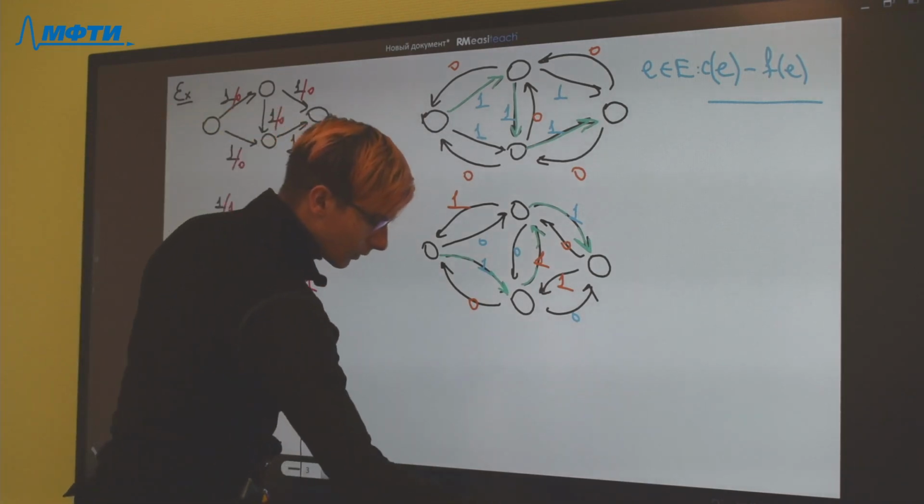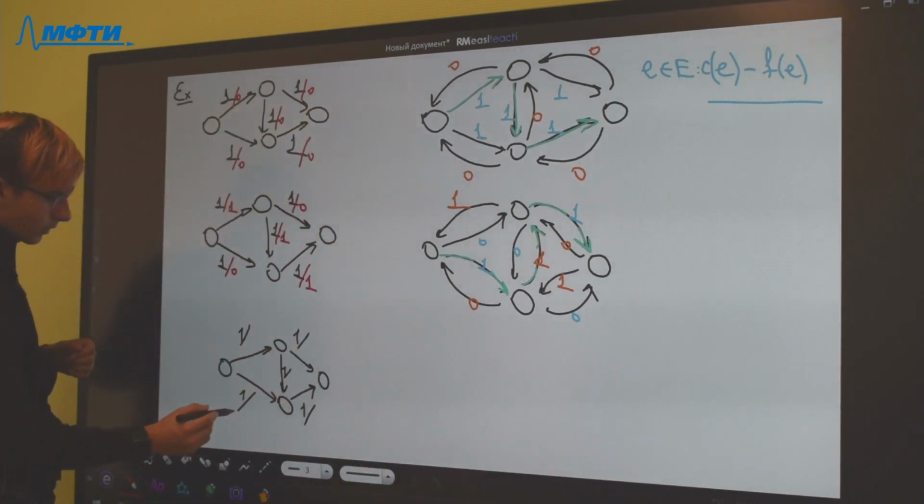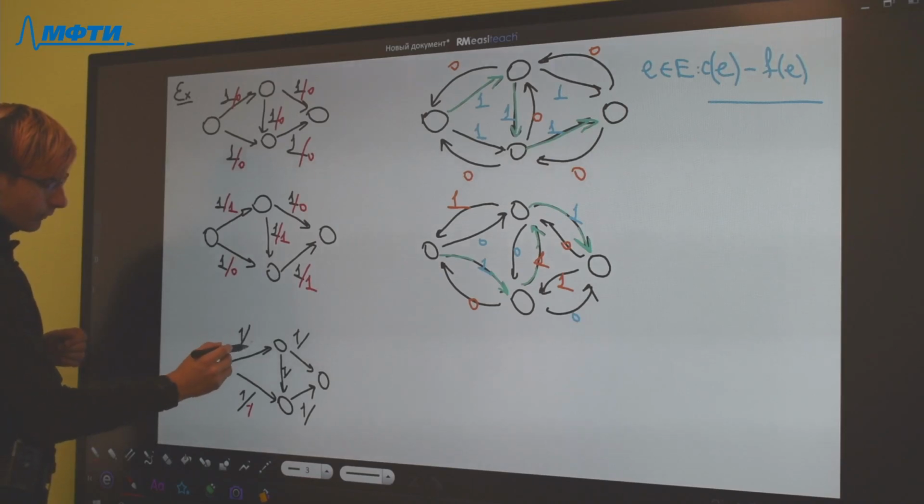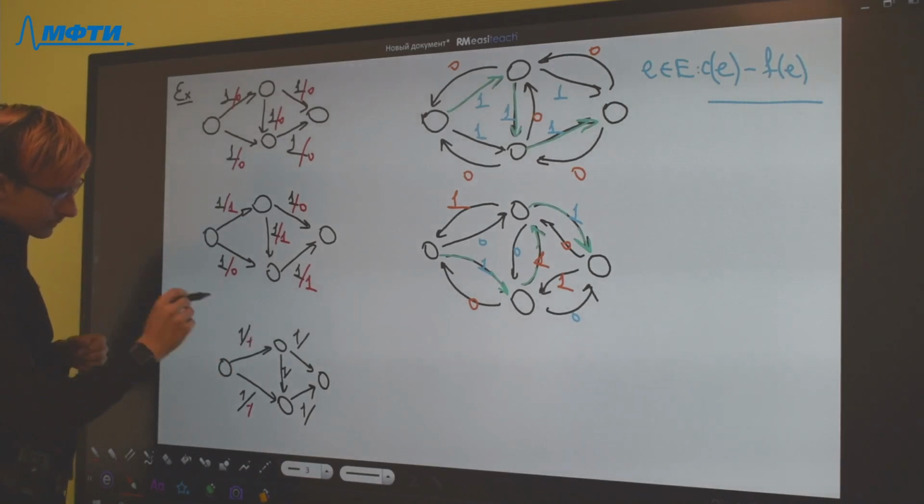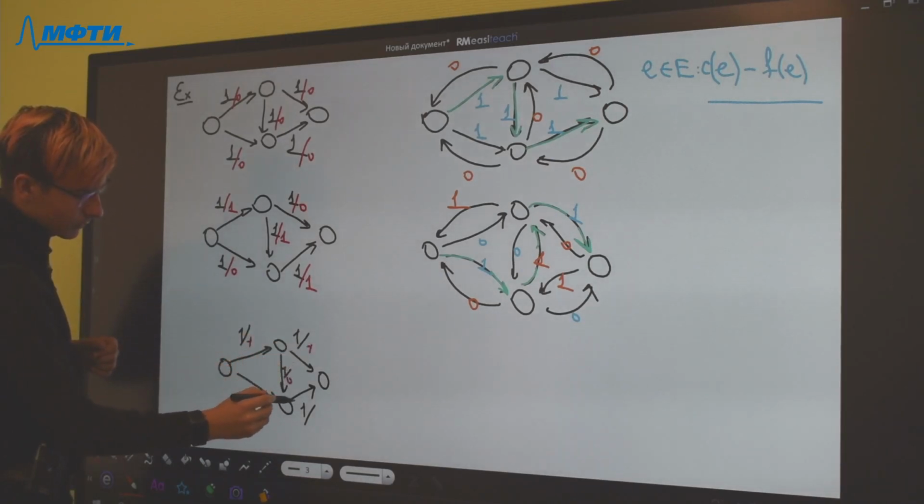And now we have a flow that has value equal to 2.